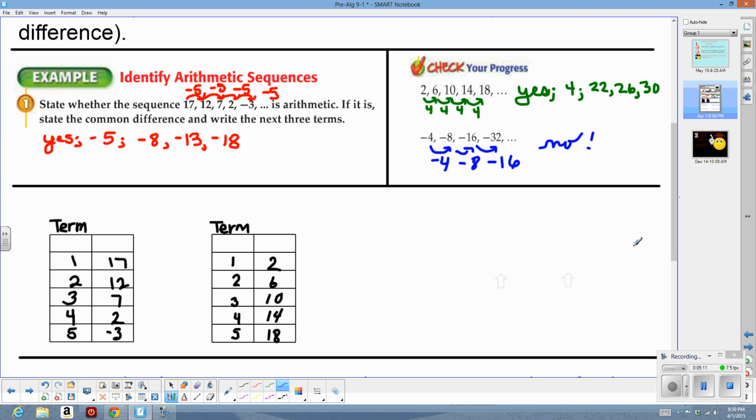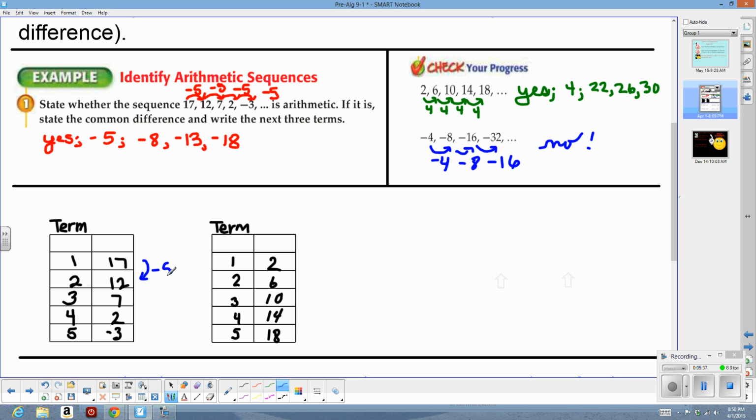Now I want you just to consider the two examples we just got done doing that were arithmetic sequences. If I put them into a table like this, taking this first sequence, if the first term was 17, the second one 12, the third one 7, fourth one 2, fifth one -3, one thing that I know is that the common difference was -5.